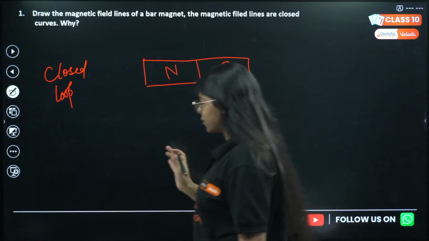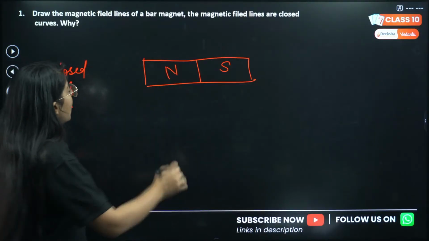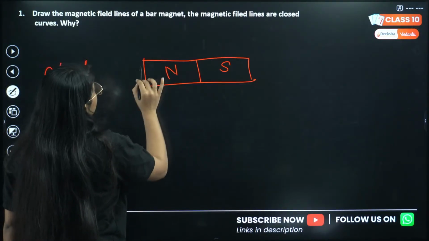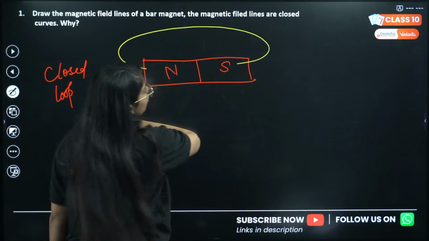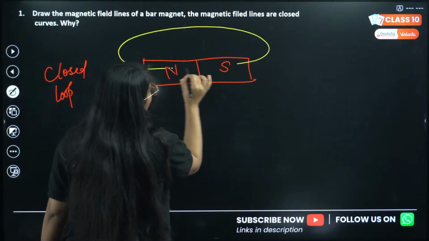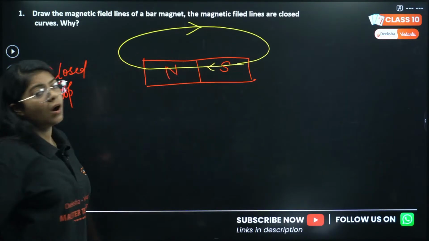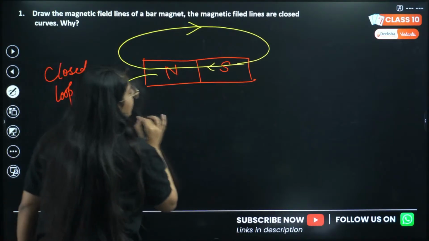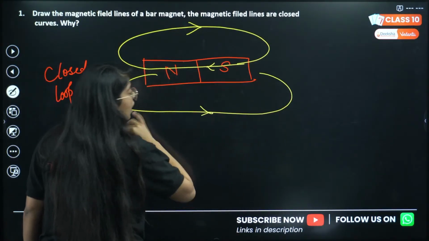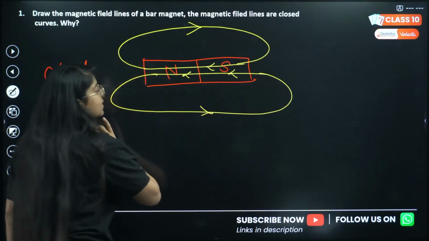So ma'am, this is just a very simple question. We know that outside the magnet the field lines go from north to south, and since those are closed loops, they go from south to north inside the magnet.